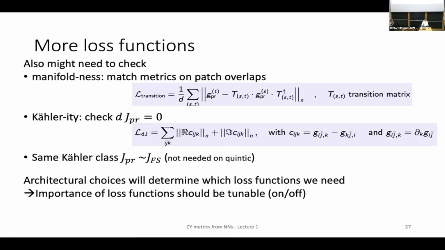Yeah, of course you can have them. The thing is that if you know from the way that you've constructed the problem that you're always learning the Kähler potential, then checking the Kähler loss is not going to buy you anything.